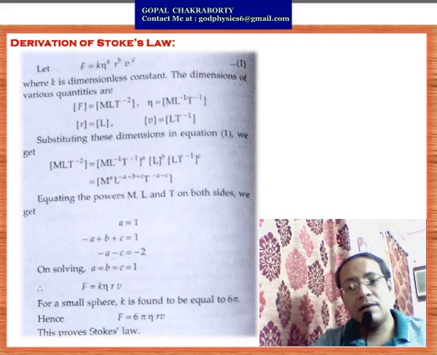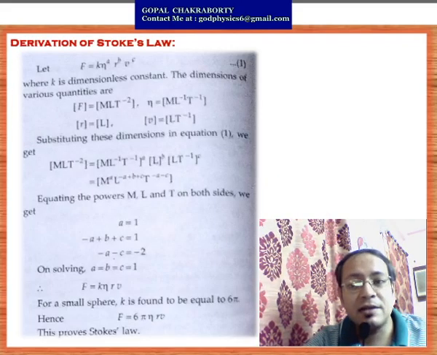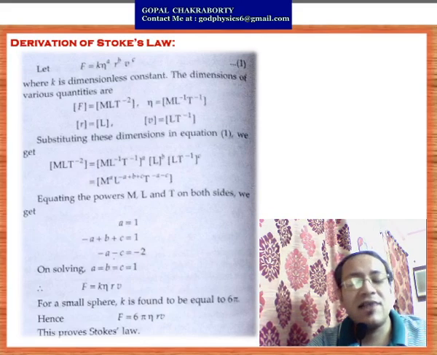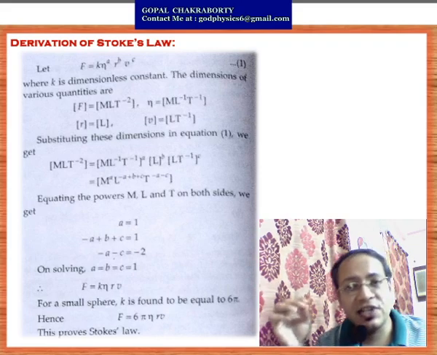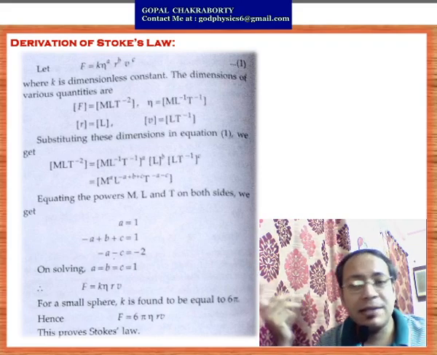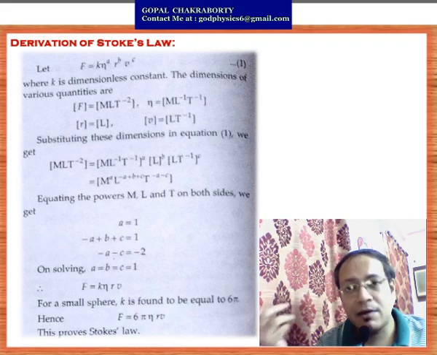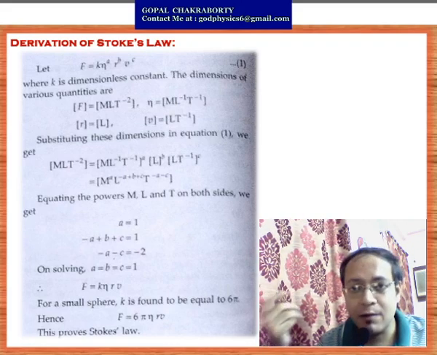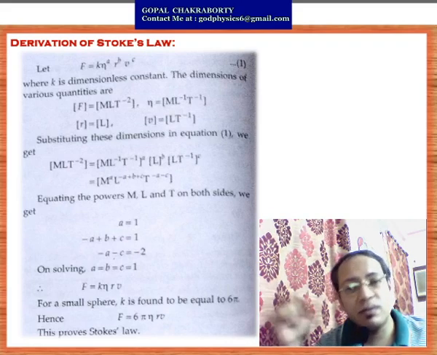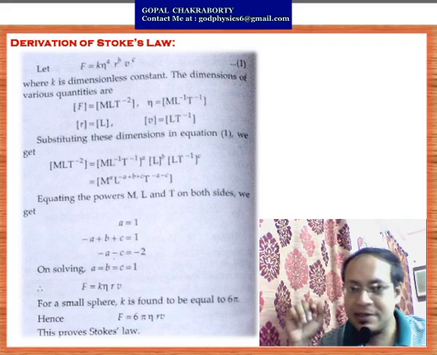Now the basic process is the same as per dimensional analysis. You write F is proportional to eta r v, and you don't know the power of eta, the power of r, or the power of v. So you consider F proportional to eta to the power a, r to the power b, and v to the power c.